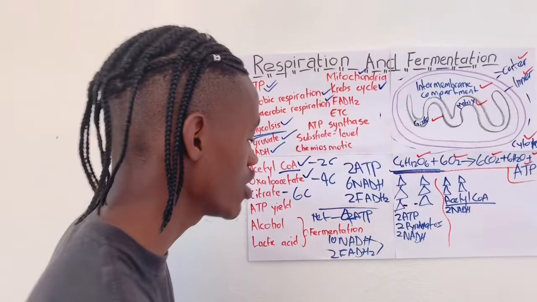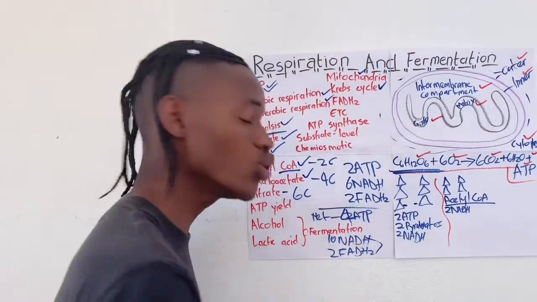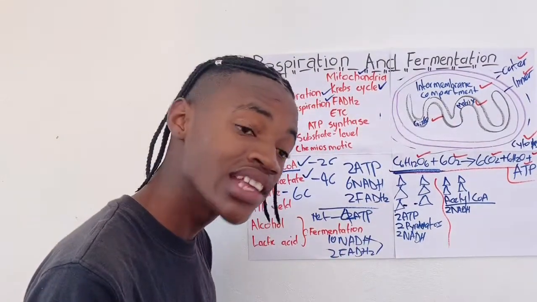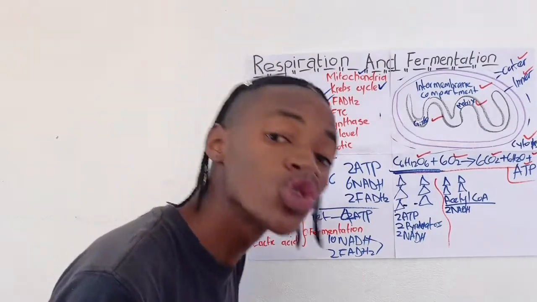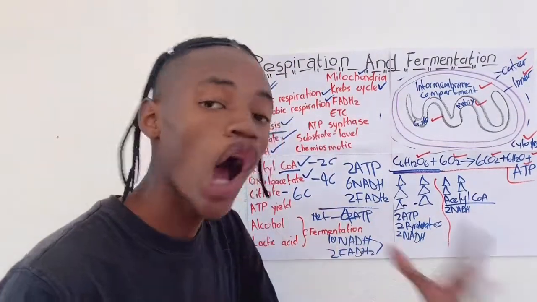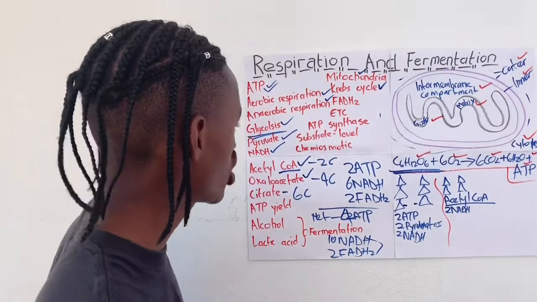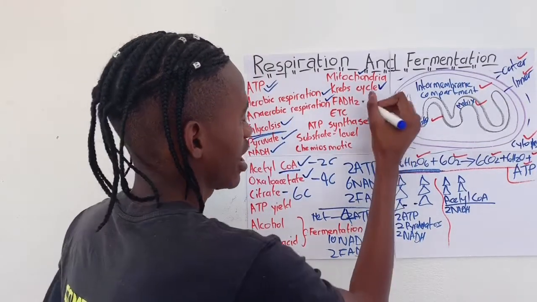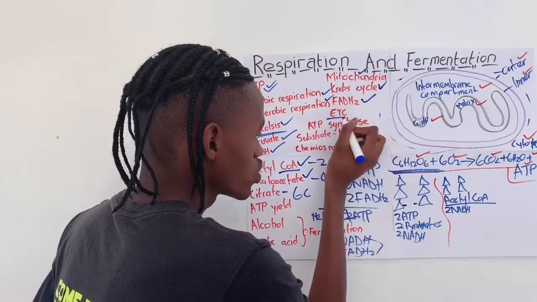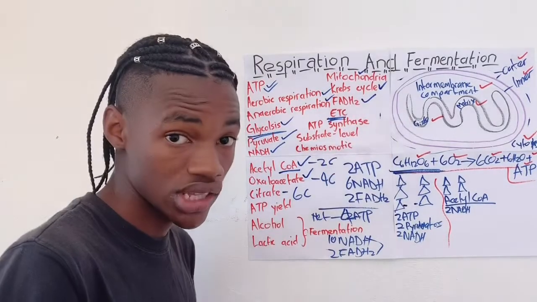But now what happens to these two, NADH and FADH2? They move on to the next step, which is called the electron transport chain, right? So we have covered this, and now we are going to the electron transport chain.